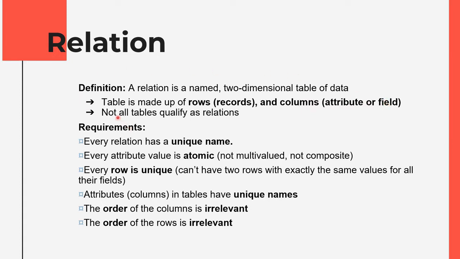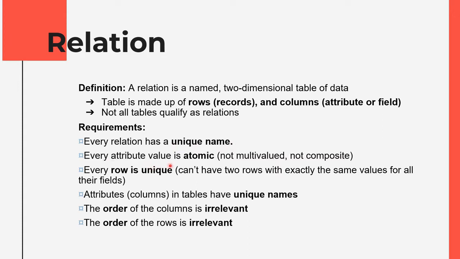Not all tables qualify as a relation. So what are the requirements for a table to qualify as a relation? First, every relation has a unique name, so in order to construct this relation table, you need to make sure that the relation has a unique name.